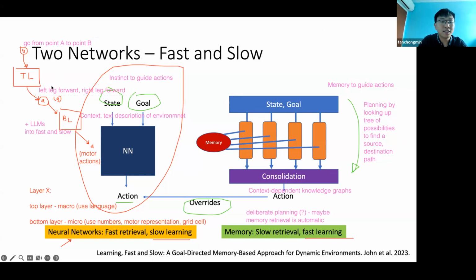The first action executed, left leg forward, is the goal for your bottom layer, which will interpret this and convert it to move motor A forward by 5 degrees.